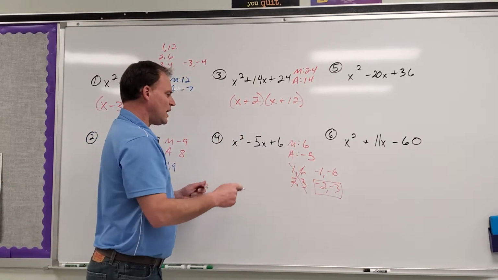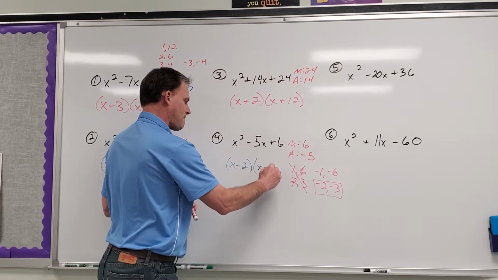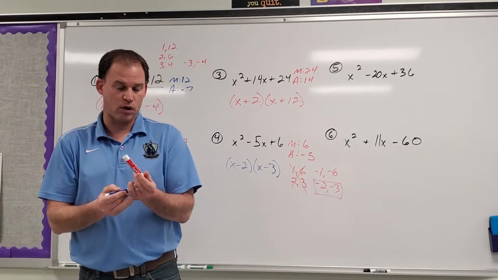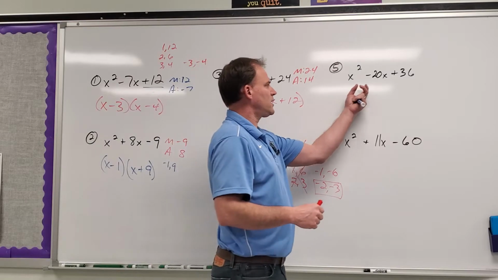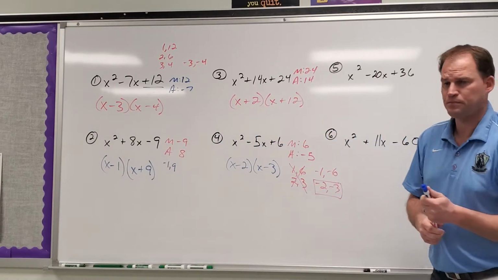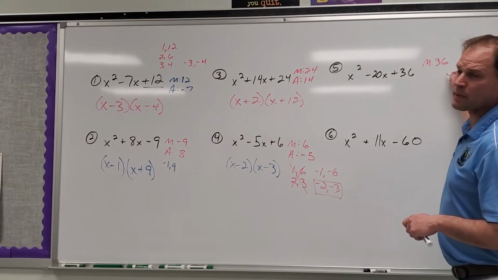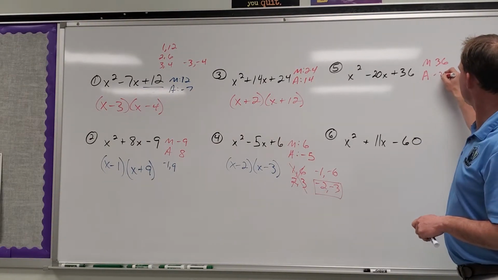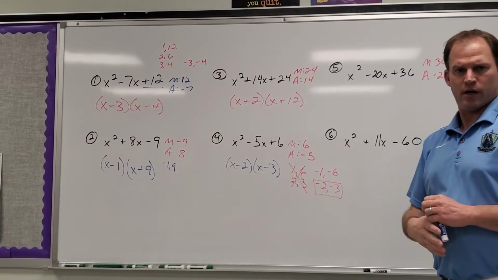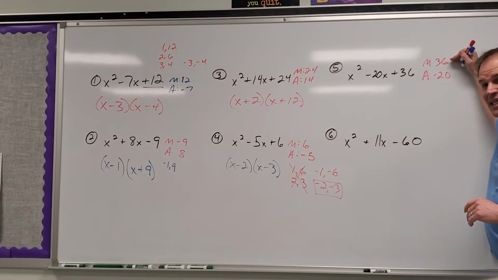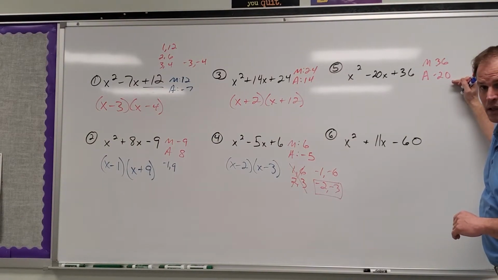Once you get the hang of how the signs work, you can kind of figure out the signs before you get started. So right here, when I take a look at this number 5, all right, what's my multiply number? What's my add number? So let's think about the signs of these numbers right here. So I know it multiplies to be +36, but it adds to be -20.